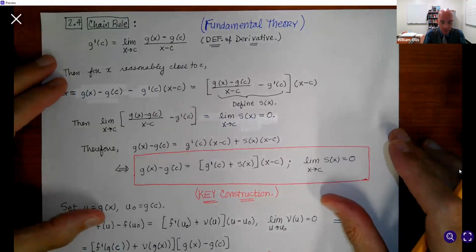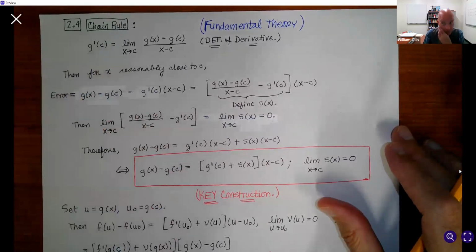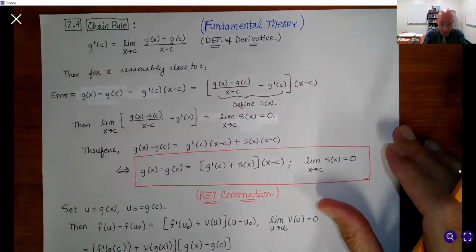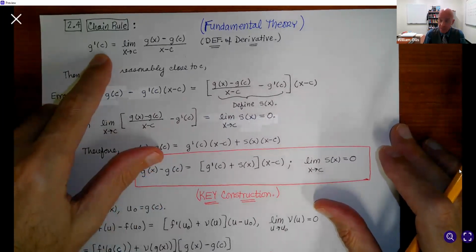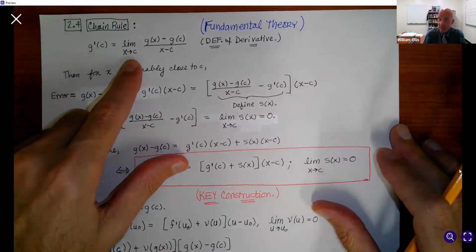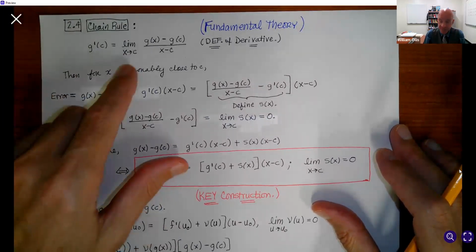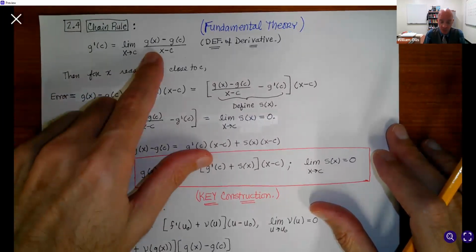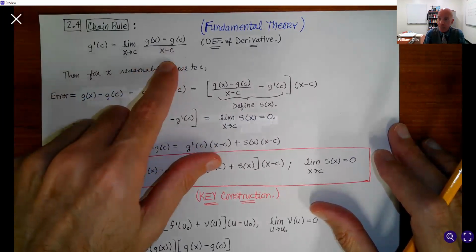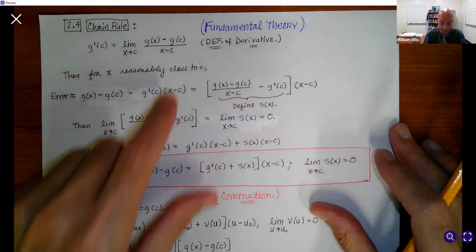Now, when we look at the definition of derivative, that is g prime of c, and we've written this so many times, you probably know it by heart. The limit as x approaches c of g of x minus g of c divided by x minus c.